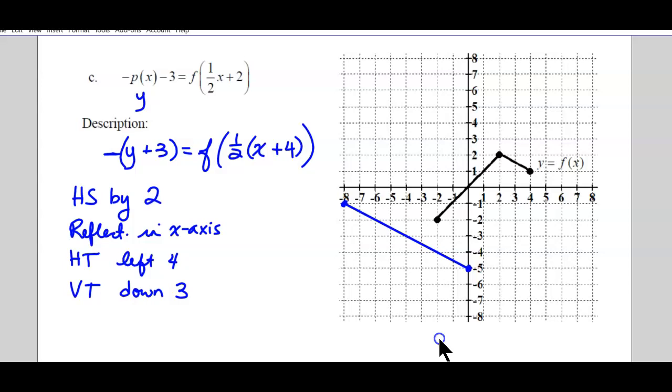And then last point here, y value is 4, stretched by 2 is 8, reflecting the x-axis, that's +1 for y, so now that's -1. To the left 4, and down 3.